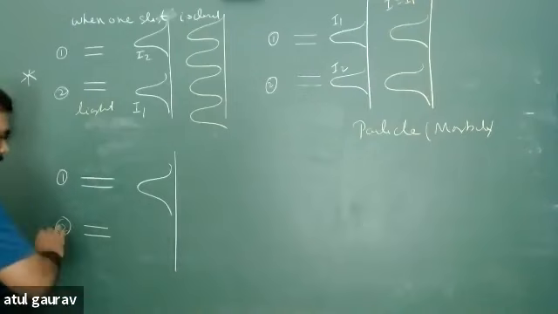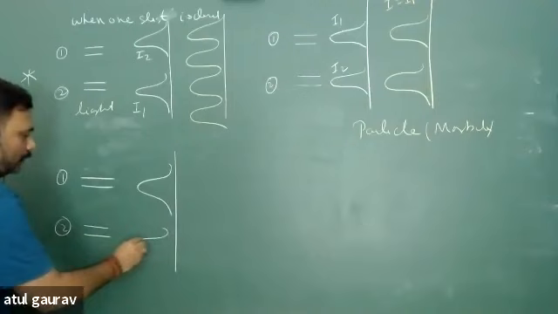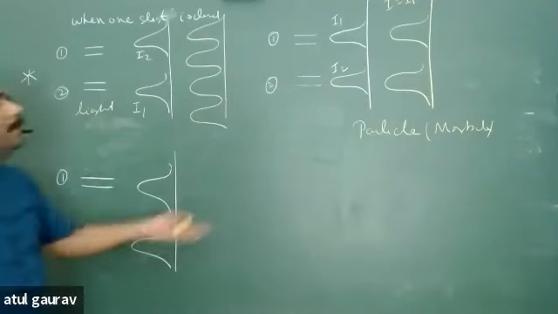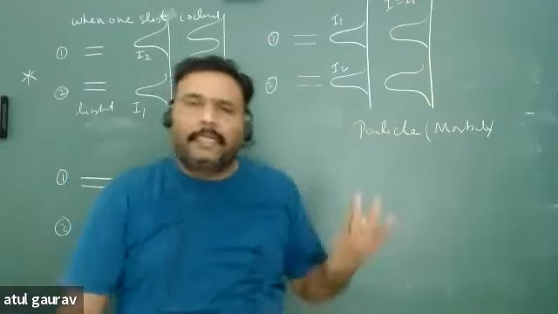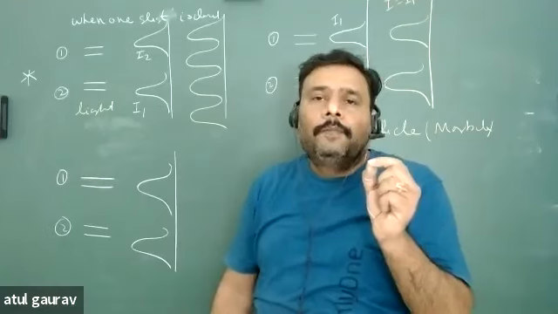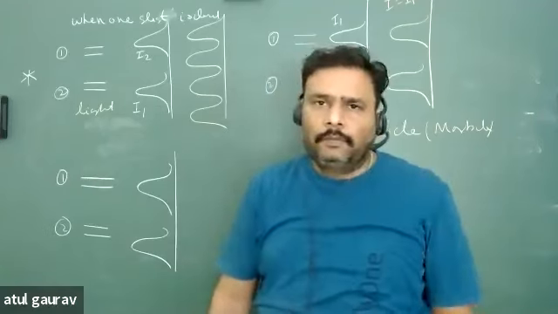And if we close it, then obviously we have this kind of pattern. So obviously we also believe that electrons behave like a particle, because we assume that an electron is a very tiny particle.